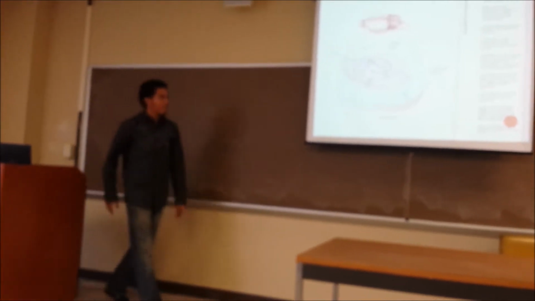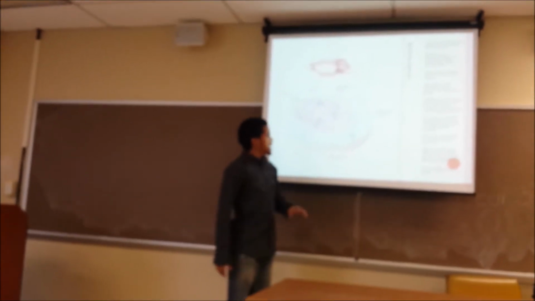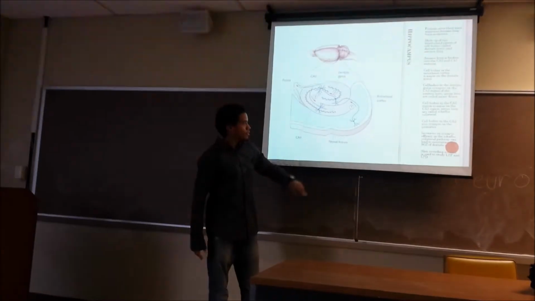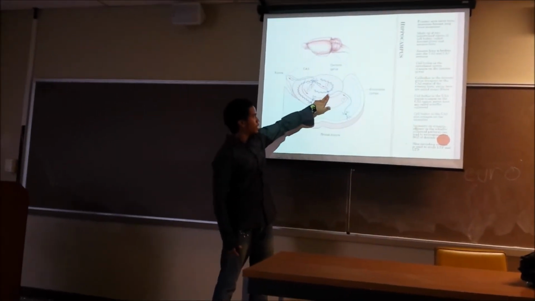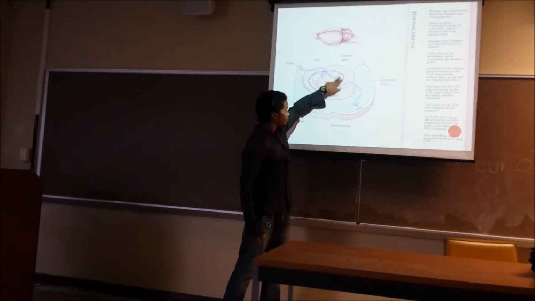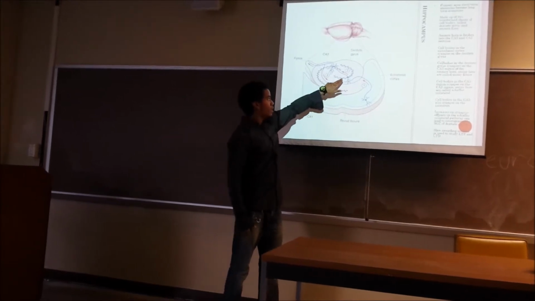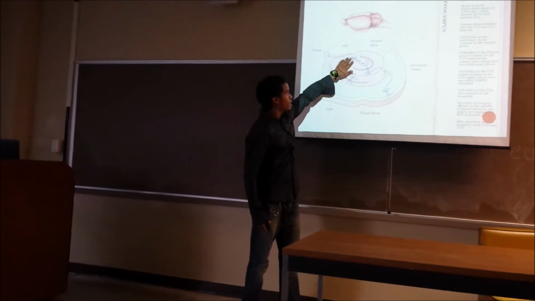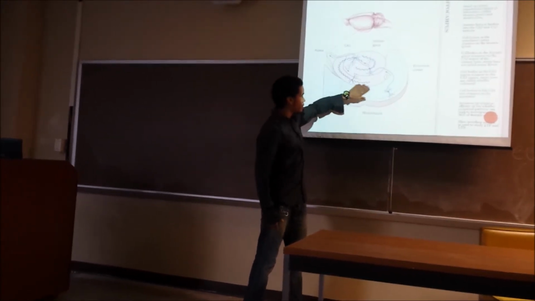So this is a cross-section of a rat hippocampus. This is the entorhinal cortex here. It has axonal projections that project into the dentate gyrus of the hippocampus. And the dentate gyrus has axonal projections that project into the CA3 region of the Ammon's horn. This piece is the Ammon's horn of the hippocampus.